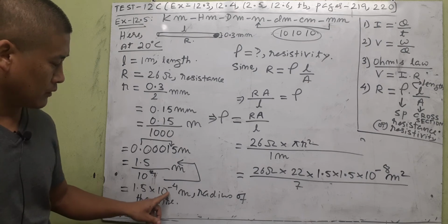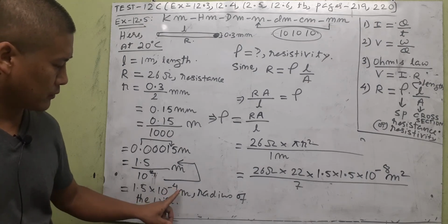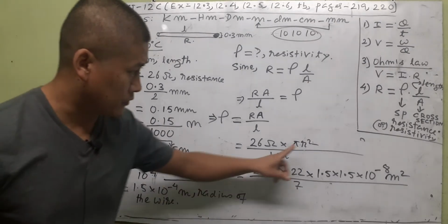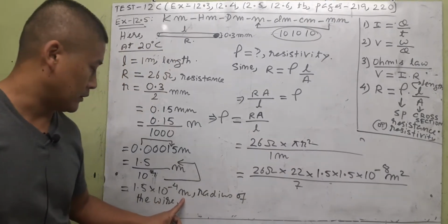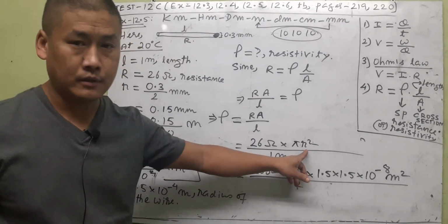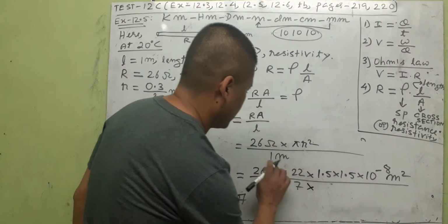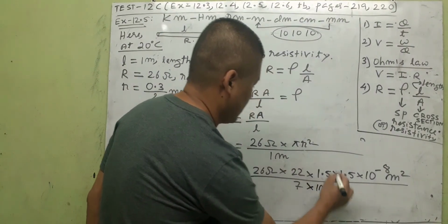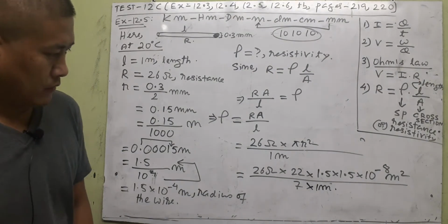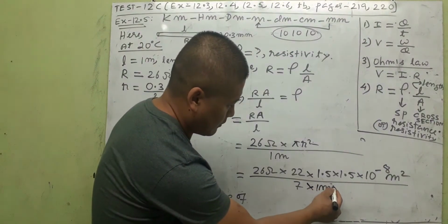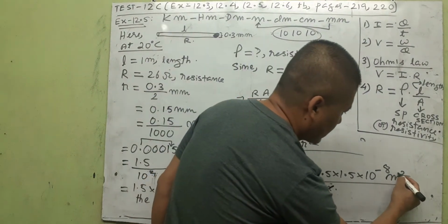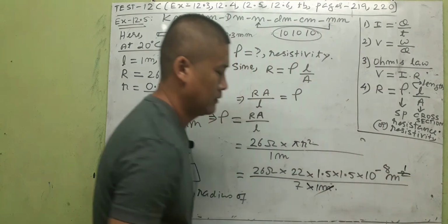Multiply the powers also: 4 2s are 8, so 10 to the power minus 8. Meter into meter is meter square, divided by 1 meter. So meter square over meter leaves 1 meter.